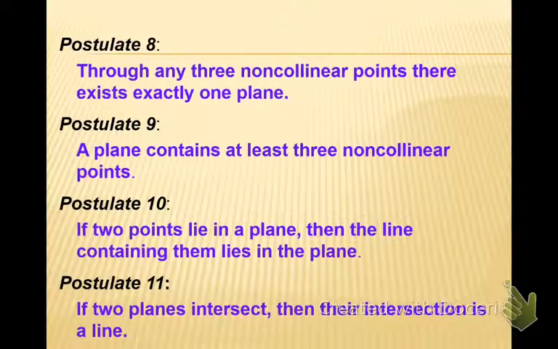Postulate 8: through any 3 non-collinear points, there exists exactly one plane. So if we wanted to find an example of postulate 8, we want to try to find 3 non-collinear points, and then figure out what plane they're going to sit in.